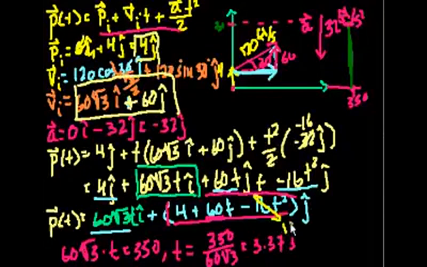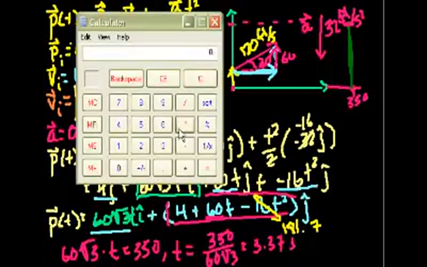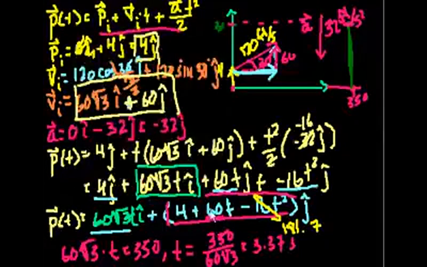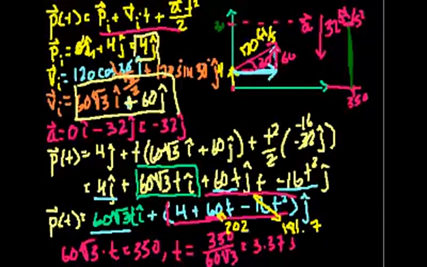So this term here is equal to 181.7. What's 60 times 3.37, remember that was the time? That is equal to 202.2, and then you have the 4.